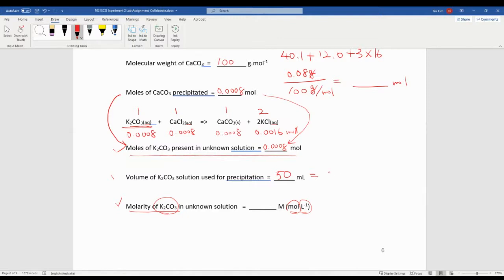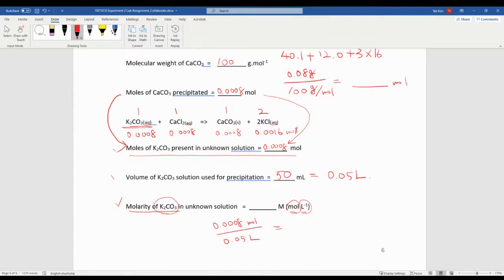So 50 mL in liters should be 0.05 liter, right? And the number of moles is already derived from the number of moles of your product. So the molarity of potassium carbonate will be moles over volume in liters, right?